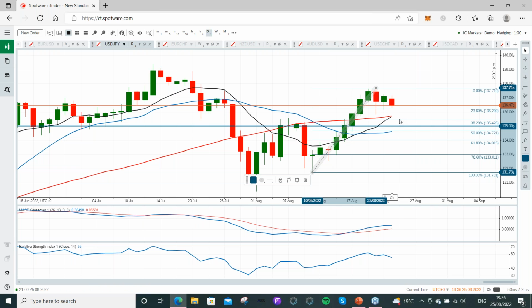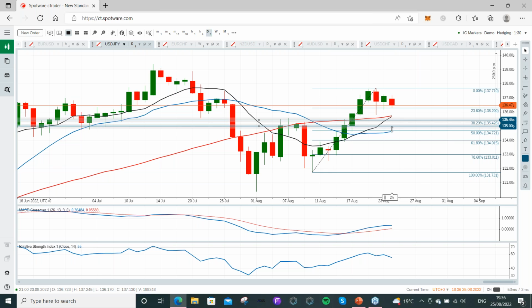And talking about areas of confluence, what I really like about this is, if I get my horizontal level tool, this previous high here coincides also with this previous low, so that is a level of potential support become resistance, and that coincides quite nicely with my 38.2% retracement level and this bundle of moving averages here.